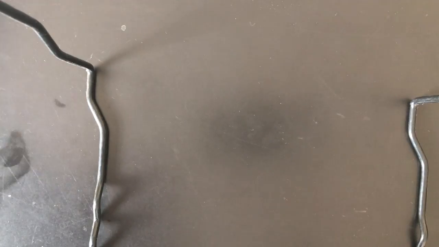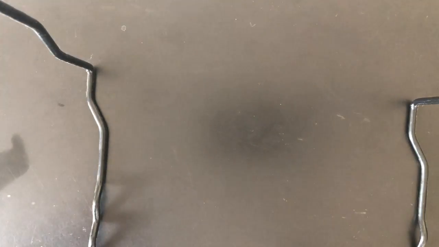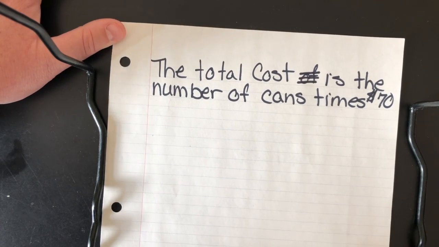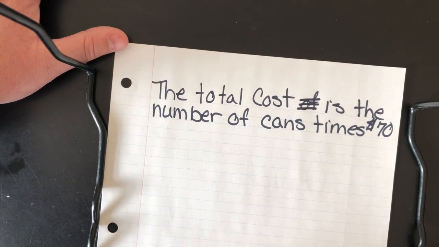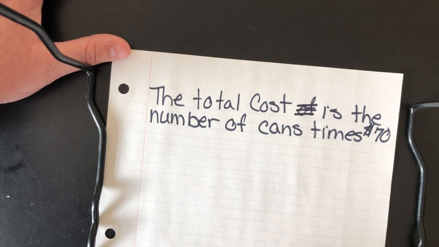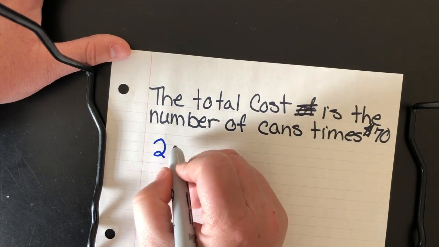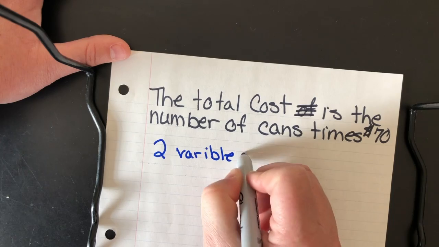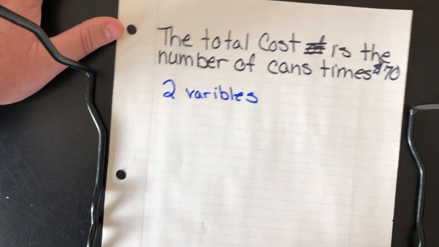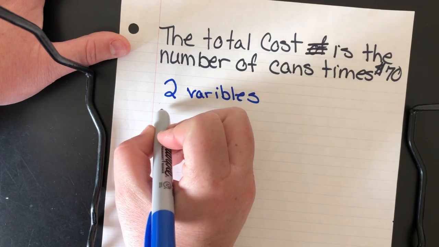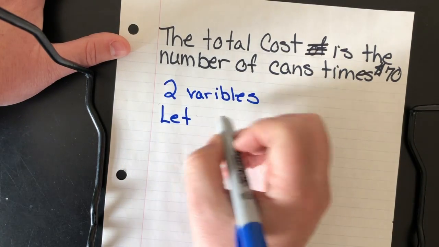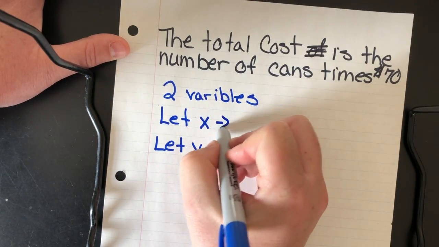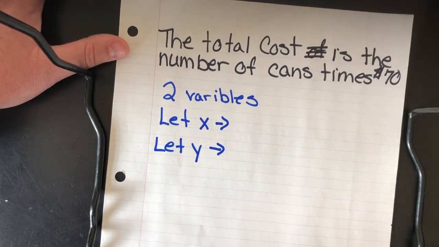Now, I'm going to give you another example, and we can do it step by step together. The total cost is the number of cans times $70. So you're actually going to have 2 variables. Now, in a lot of these equations, you can do the first step, let x, let y, so we know exactly what variable is talking about what.